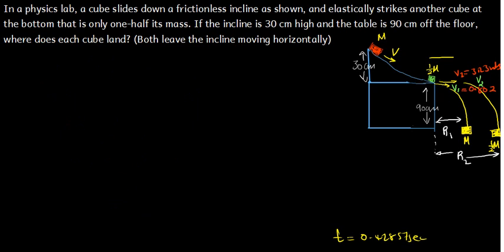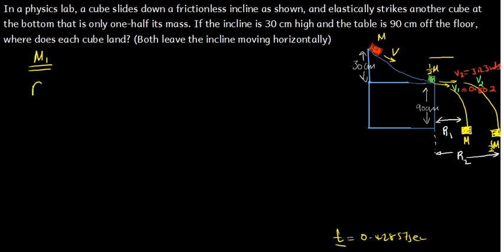So considering first mass 1, M1, which is the heavier mass, we know the time it took to fall for this kind of height, and we know the velocity with which it was moving as it got to fall. And we want to find the range, that is range 1 for mass 1.